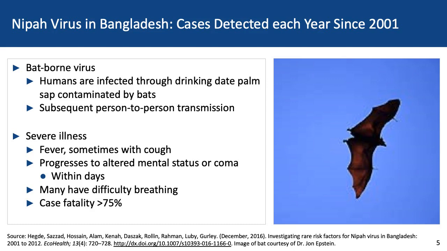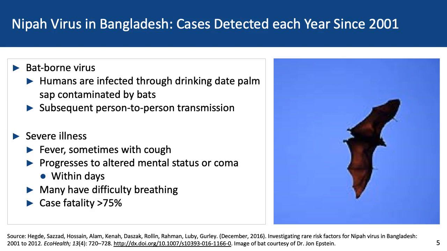Nipah is particularly concerning from a public health perspective because once a person is infected from a bat, they can infect other people. And we sometimes see large outbreaks that are propagated through person-to-person transmission. Nipah virus causes severe illness. The first symptom is fever and sometimes with a cough.